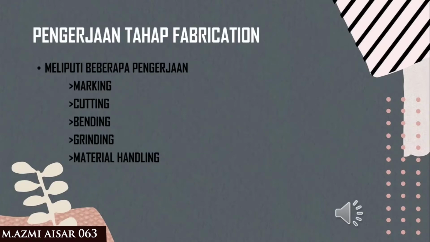Grinding is the process of reducing the particle size of the processed material from a large or coarse into a small size. The fifth is material handling. Material handling is a job of moving objects or goods in heavy load and is carried out by humans with the help of moving tools.